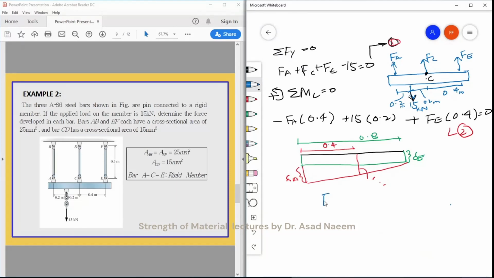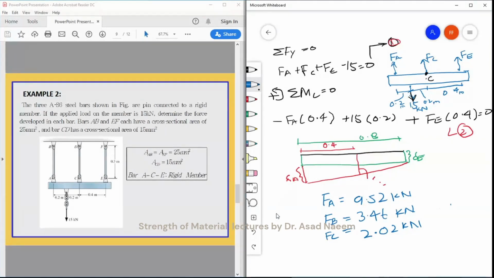और जो आंसर्स हैं, FA is equal to 9.52 kilonewtons, and FB equal to 3.46 kilonewtons, and FC is equal to, or FE equal to 2.02 kilonewtons.